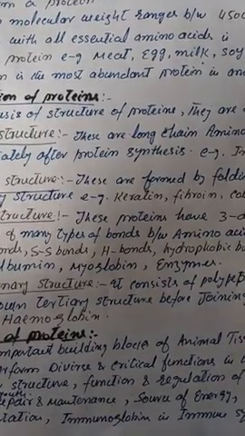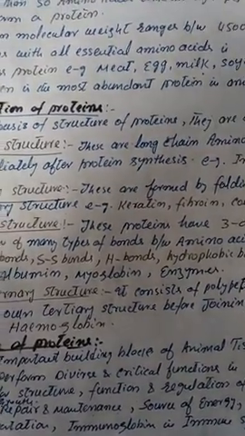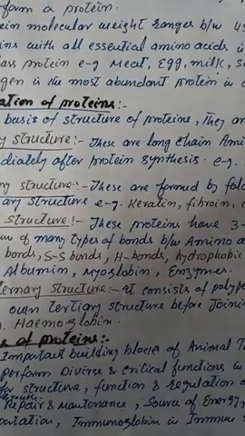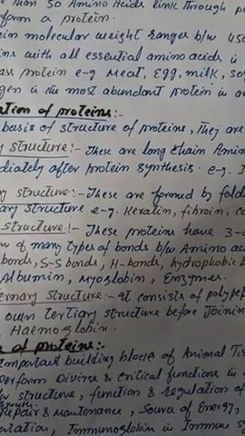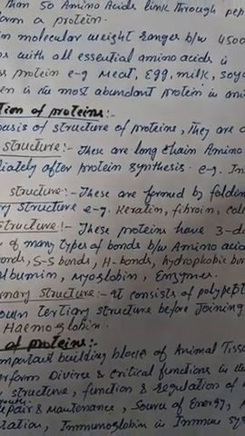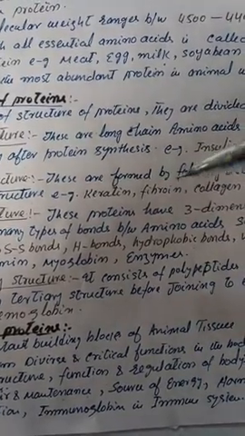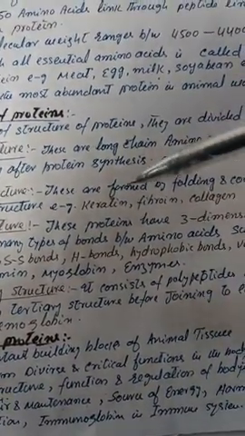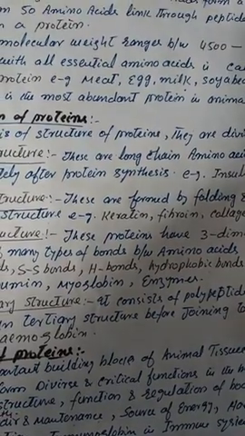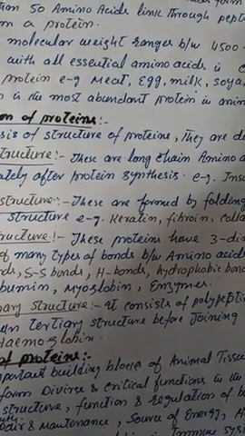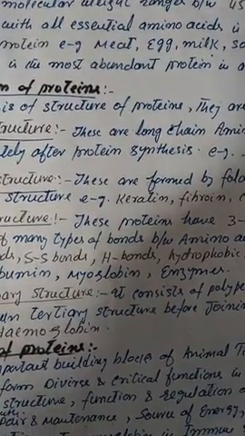And they are needed for growth, repair, maintenance, source of energy. They also enter into the composition of hormones, enzymes, and help in transportation of various substances in the body. They also form immunoglobulins in the immune system.